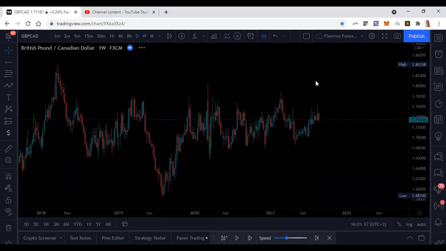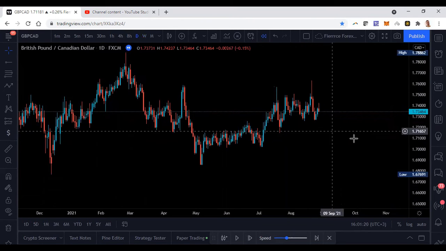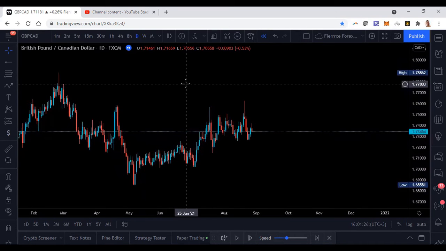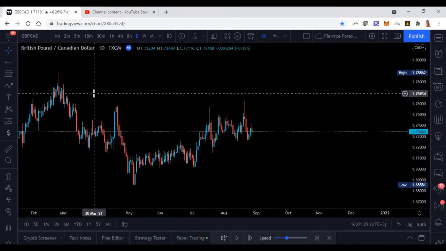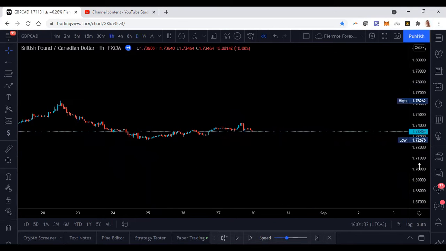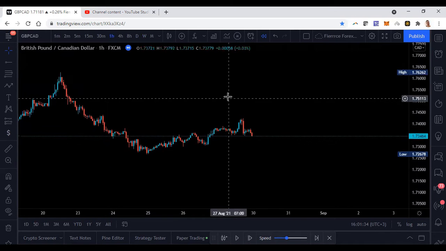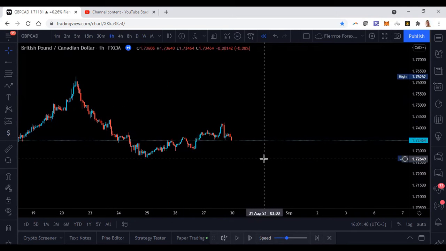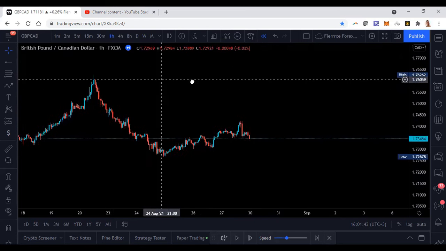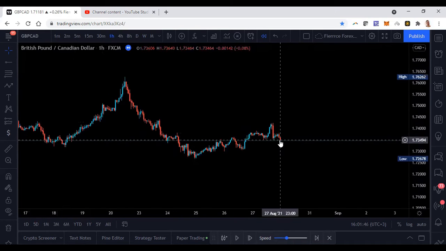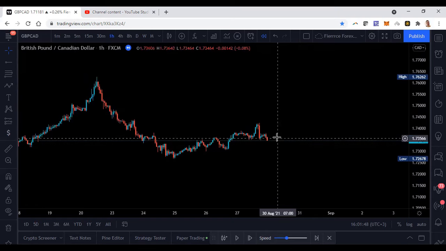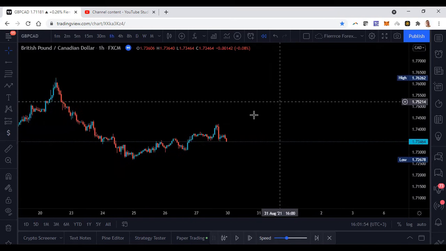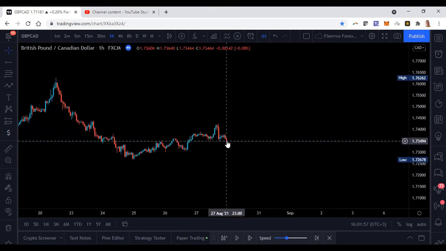Bearish. So this is 30th August. This is about 27th August, so it's night time.